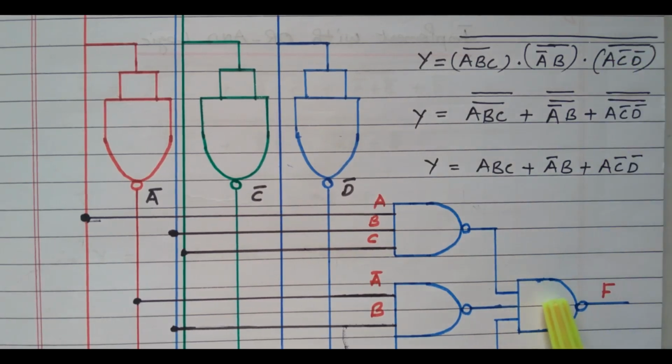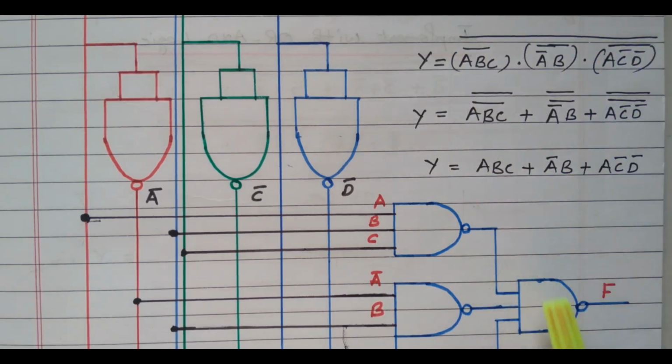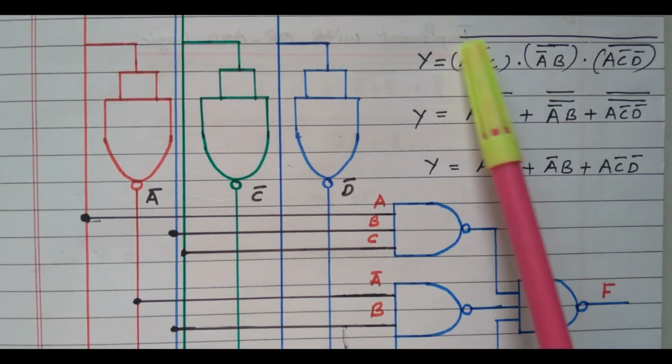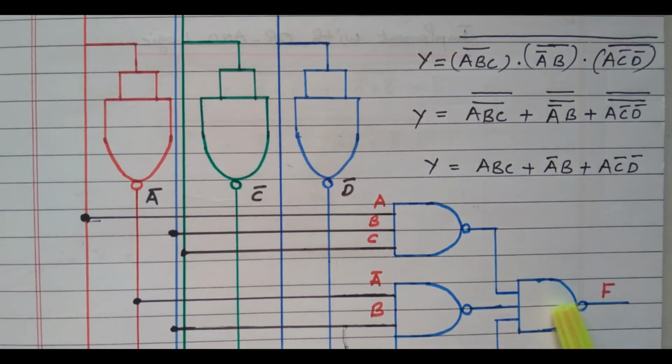Again one more NAND gate is connected. In order to get the desired output, one more NAND gate is connected. So what will happen? These 3 inputs are multiplied and the complement is given. For example, AB means AB bar, like that. These 3 inputs are multiplied and we get the whole bar. This whole bar is the output of this NAND gate.